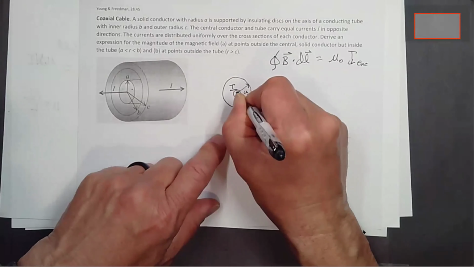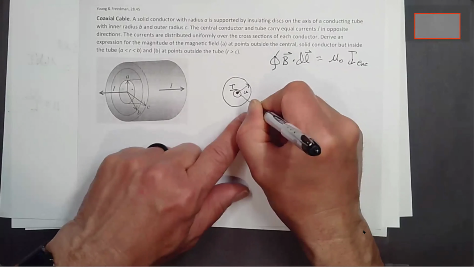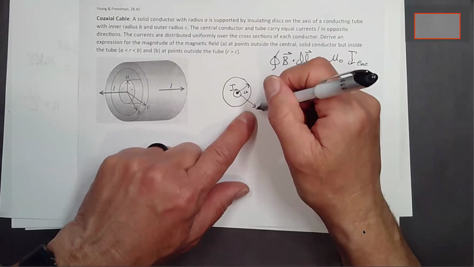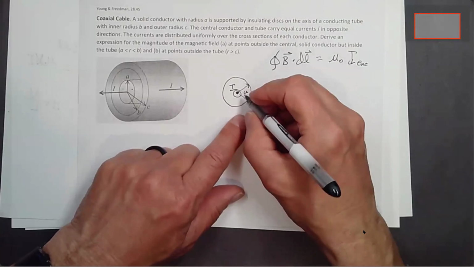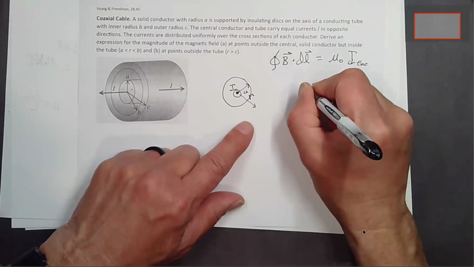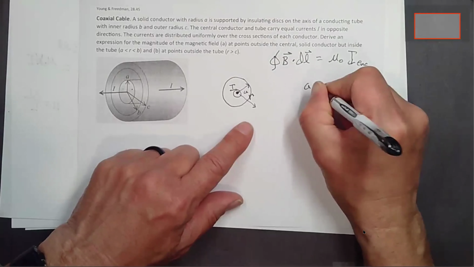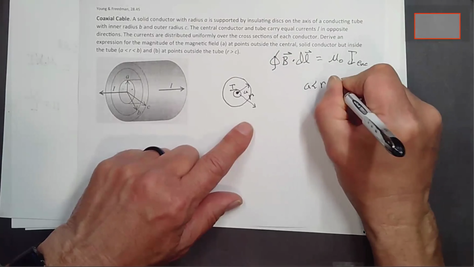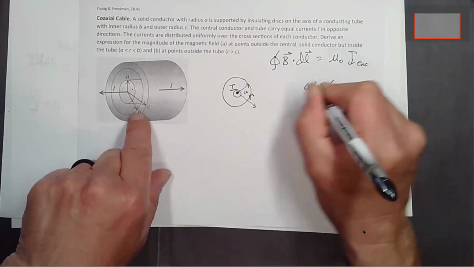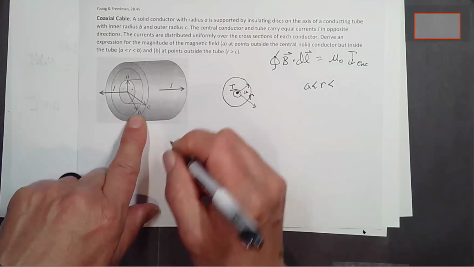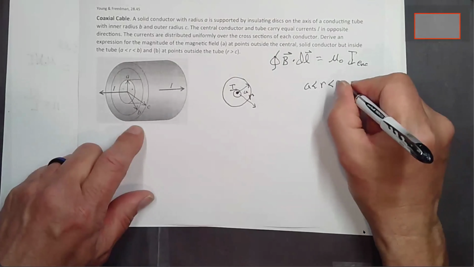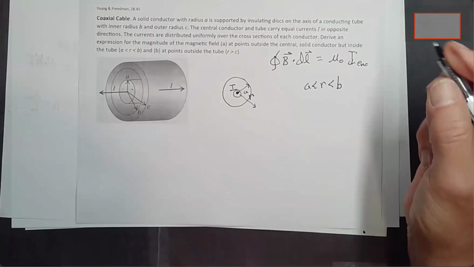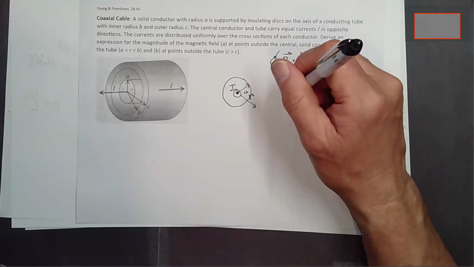But we're interested in the magnetic field out here at some radius r, where a is less than r, which is less than the inner radius of the outer conductor, b. So that's where we want it.